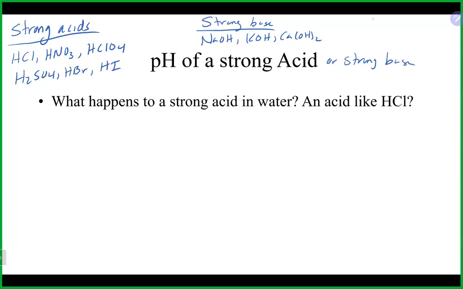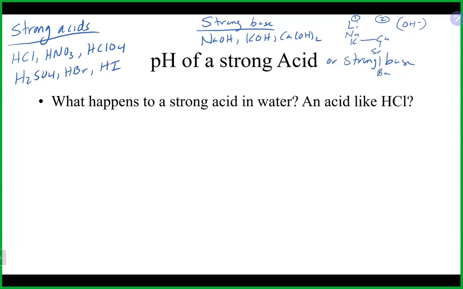Basically, if you go to the periodic table and start where lithium, sodium, and potassium are, then turn to calcium, strontium, and barium as well, anybody in group 1 or group 2 that has hydroxide in the actual formula is most likely going to be a strong base. So most of our strong bases come from group 1 and group 2 on the periodic table with hydroxide in them, and that makes them a strong base.